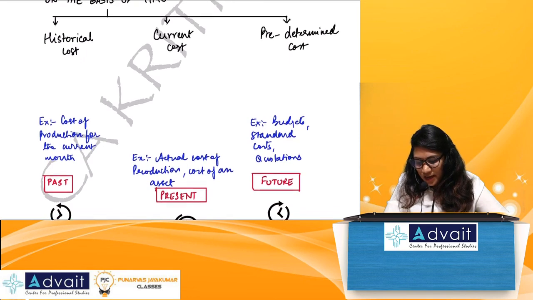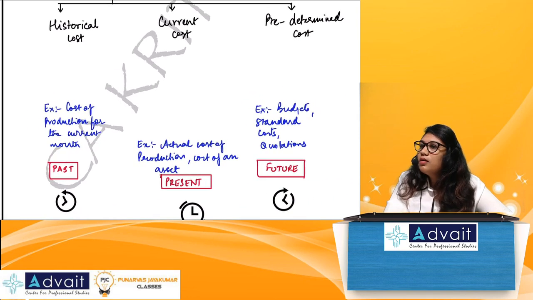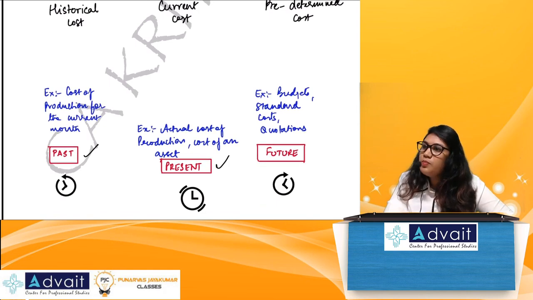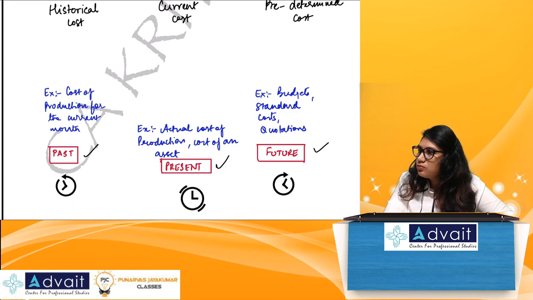So guys, as the name suggests, historical cost is the past. Correct? Current cost is the present, and predetermined cost is the future. So on the basis of time, correct?